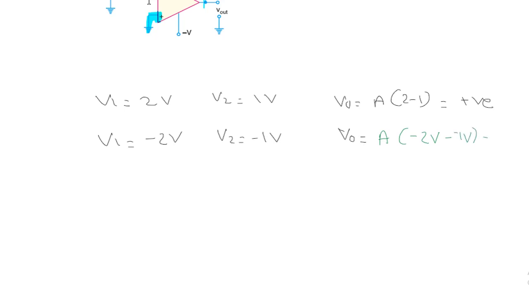So this will be equal to minus 2 volt plus 1 volt, that is minus. So the result will be negative. Then output voltage will be negative.